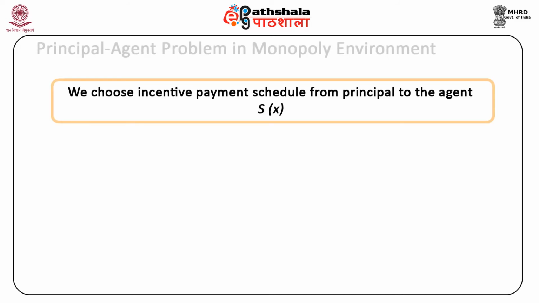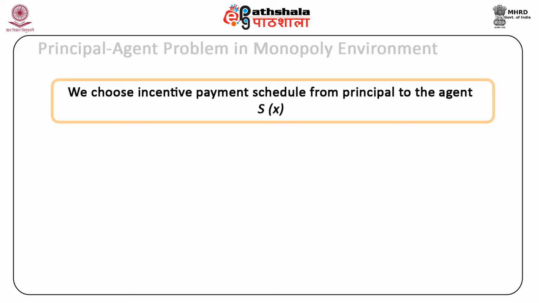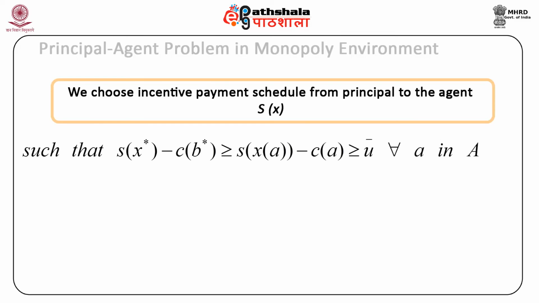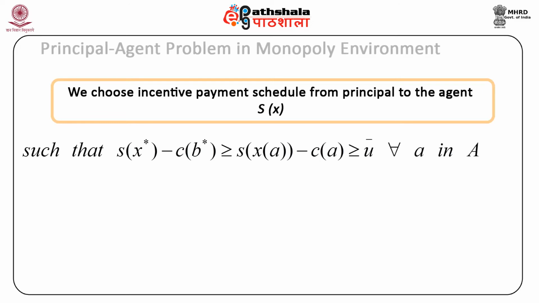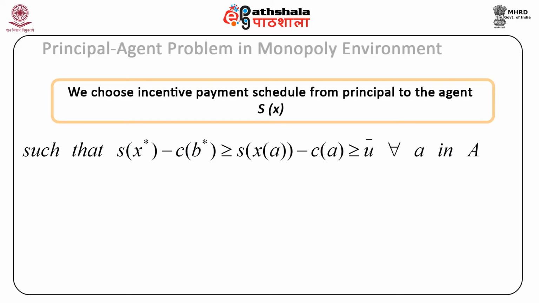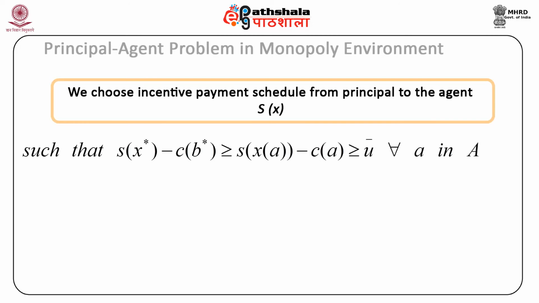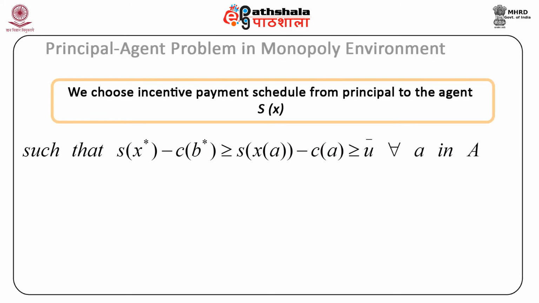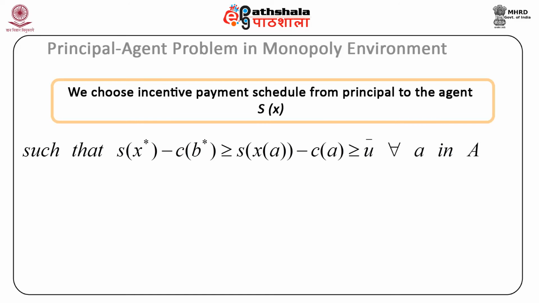We choose the incentive payment schedule S(x) such that S(x star) minus C(B star) is greater than or equal to S(x(A)) minus C(A), which is greater than or equal to U bar, for all A in capital A.